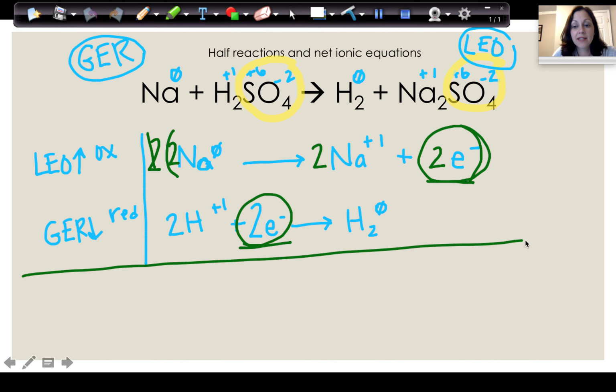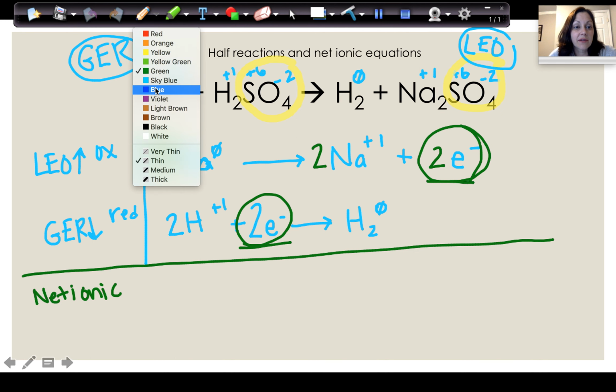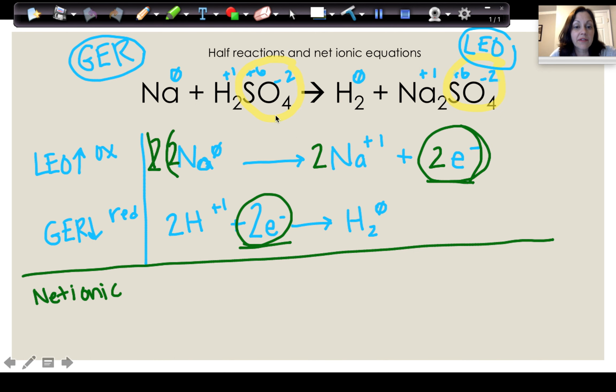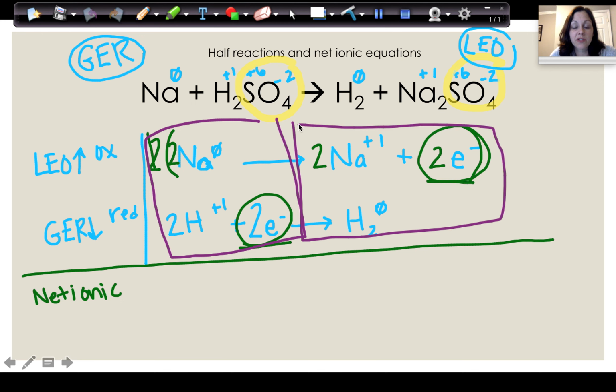The next thing I'm going to do is combine the half reactions into one net ionic equation. I'm going to take all of my reactants, which are all of the things that happen before the arrow, and put them on one side, and all of my products, which are all of the species after the arrow, and put them on the other side.